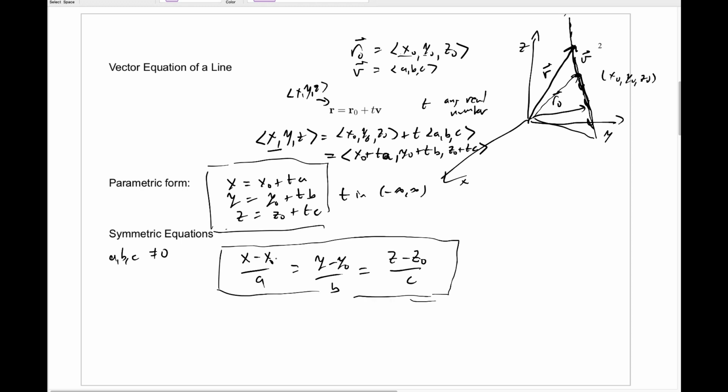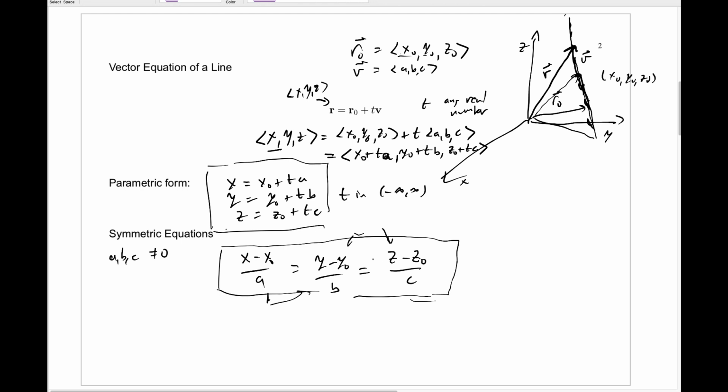Notice that this system of equations is really two equations. It's this equals this, and this equals this. And if you have those two equations, of course, you'll get the first one equals the third one as a freebie. But really, this consists of two linear equations in the three unknowns.